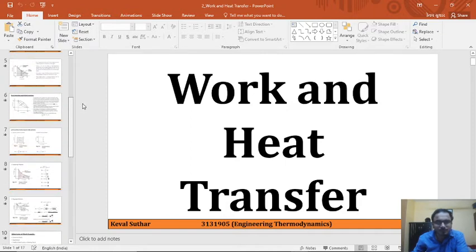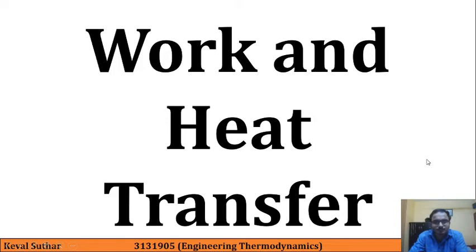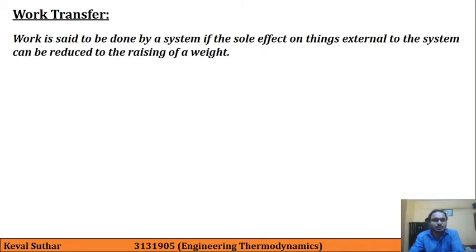So first of all, we will do a quick revision of what we have done in our previous lecture. So we started with work transfer. Work is said to be done by a system if the sole effect on the things external to the system can be reduced to the raising of a weight.